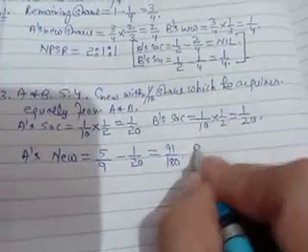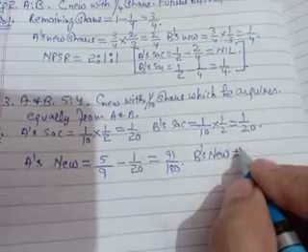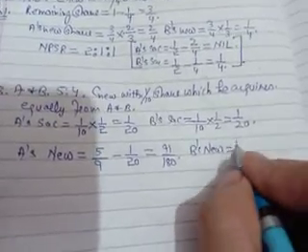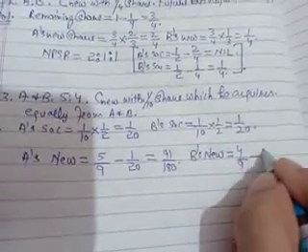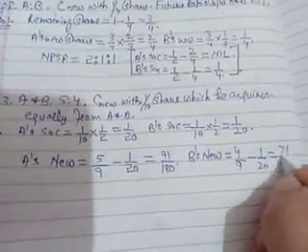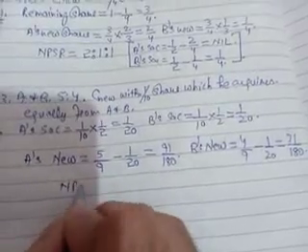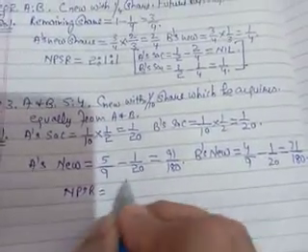And B's new share: B's old share was 4/9, 4/9 minus 1/20 comes out to be 71 over 180.